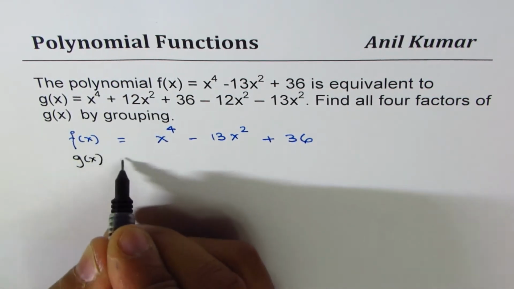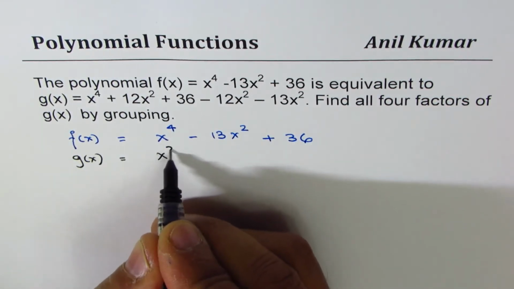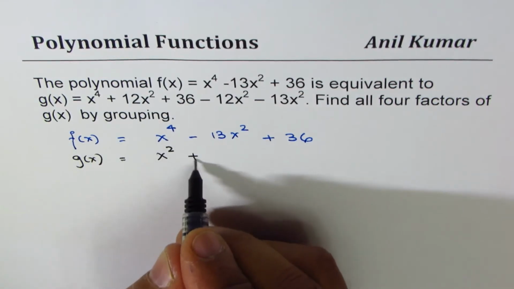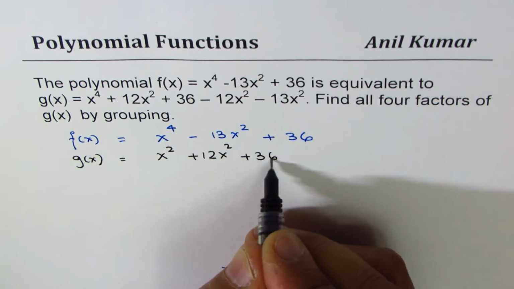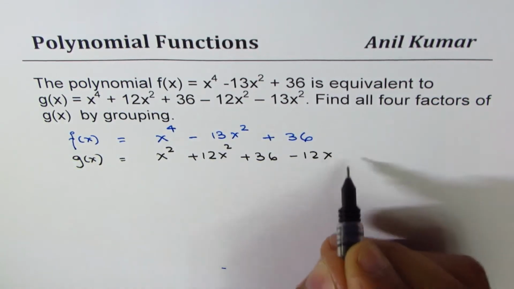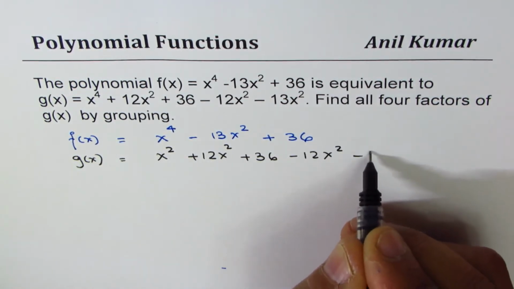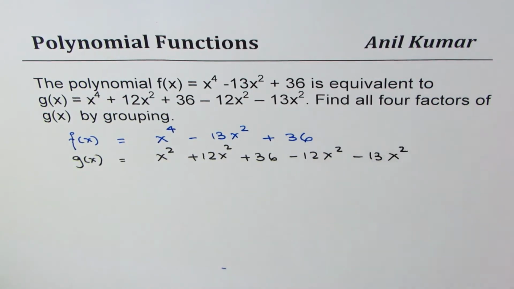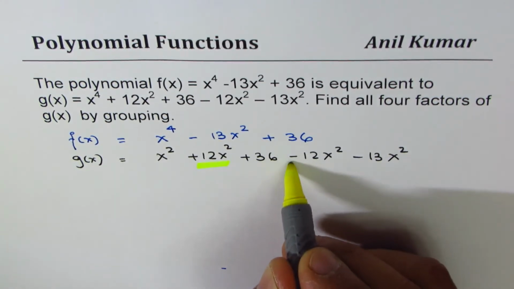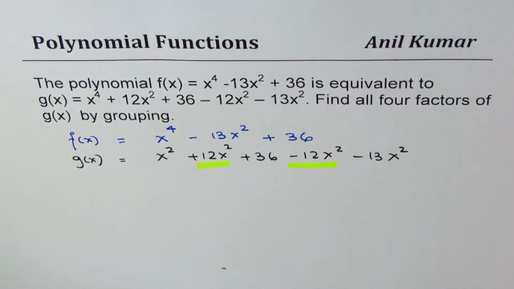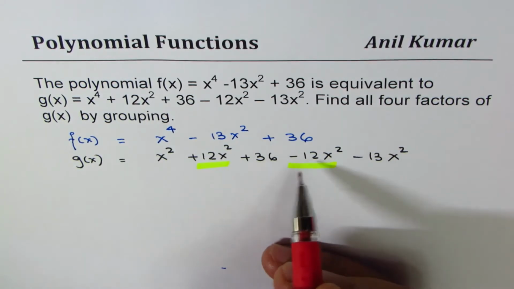G of x is equal to x to the power of 4 plus 12x squared plus 36 minus 12x squared minus 13x squared. So if you notice, we have introduced two terms here. One is plus 12x squared, the other one is minus 12x squared, correct? So plus 12x squared and minus 12x squared is 0.